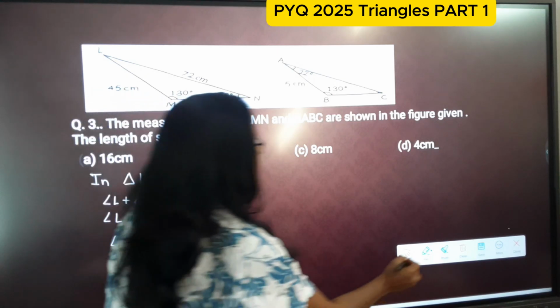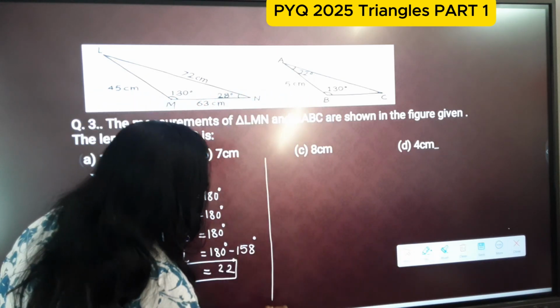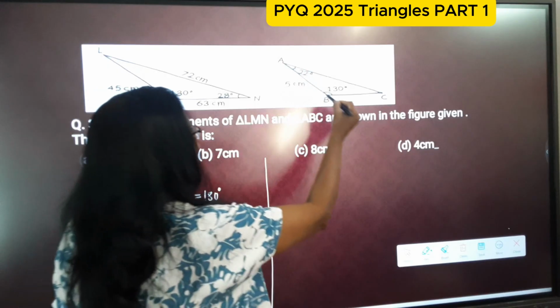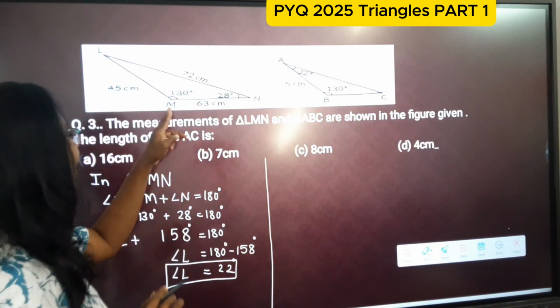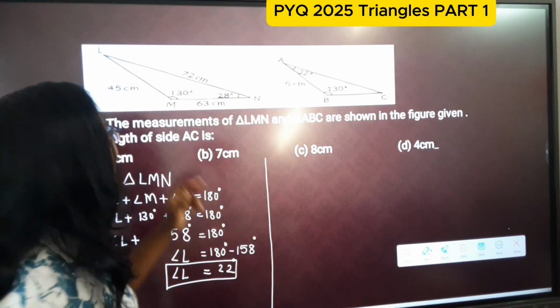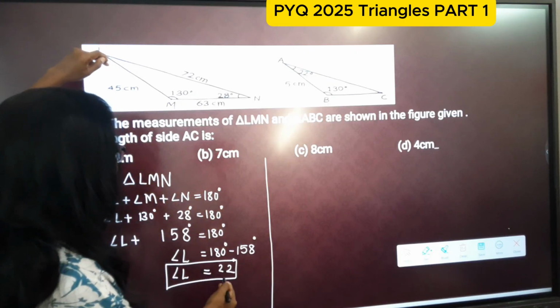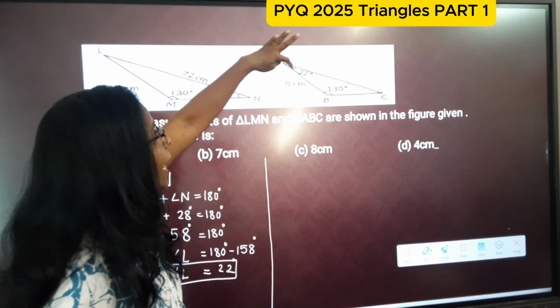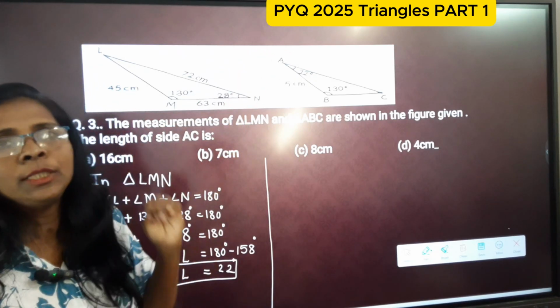So here in this figure, as well as in triangle ABC, the angle M and angle B are equal, 130 degrees each. Here angle L that we calculated is 22 degrees, and here angle A is also 22 degrees.